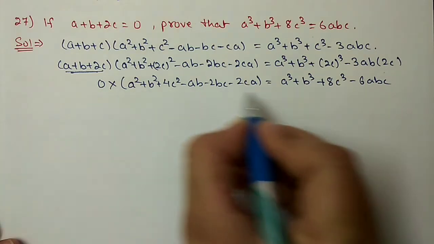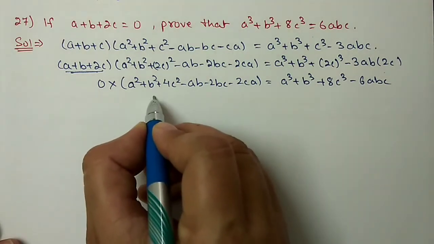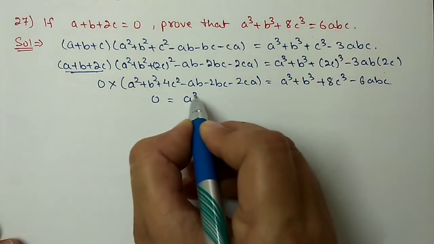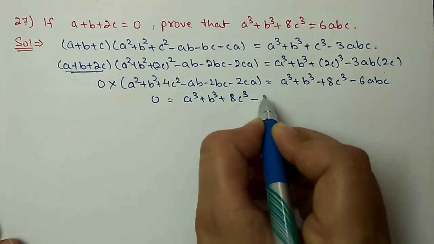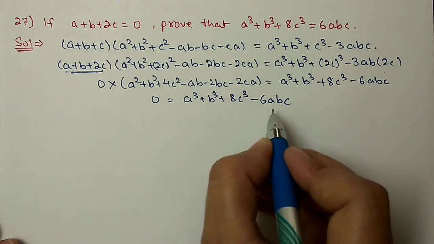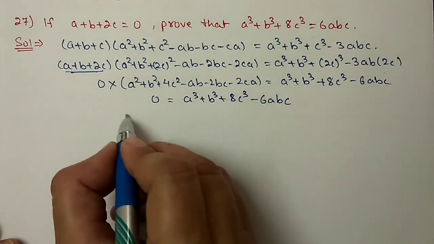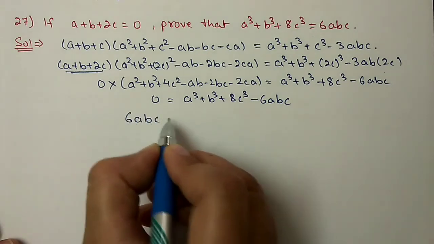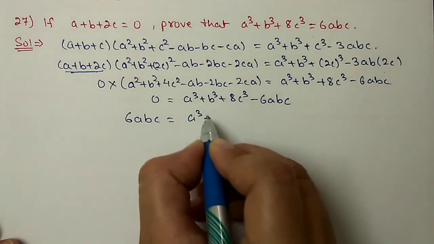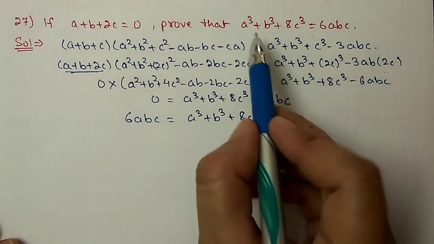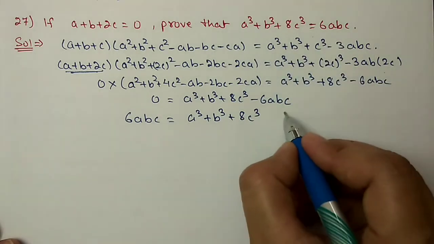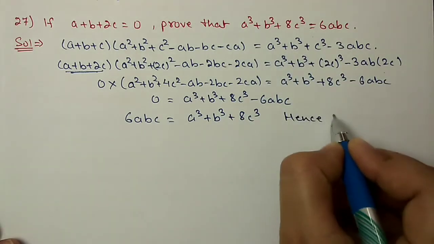So this whole thing will become 0. We can write it as 0 is equal to a cube plus b cube plus 8c cube minus 6abc. And this 6abc we can shift to this side. We can write 6abc is equal to a cube plus b cube plus 8c cube, and this only we have to prove. So we can write hence proved.